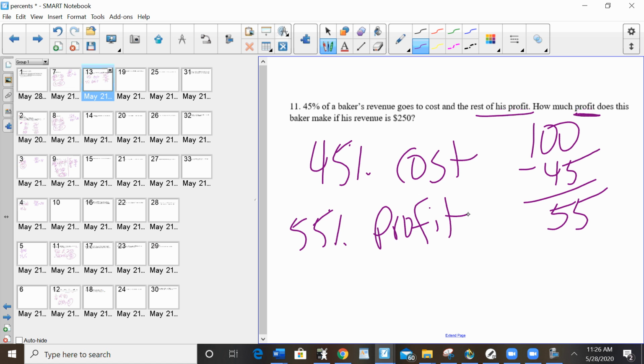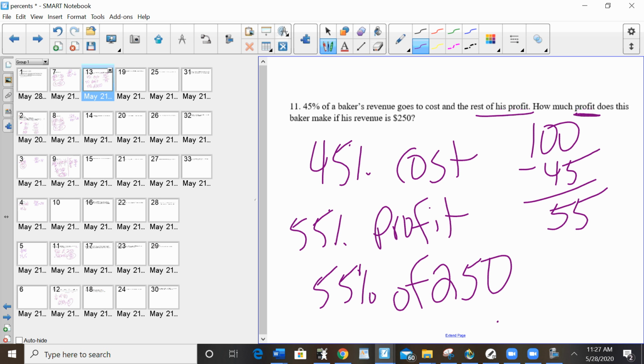The probability of something not happening, you would have to subtract from 100. The probability of something happening and the probability of something not happening has to add to 100. So if 45% is cost and it says the rest is profit, then 55% is profit. So 55% of his revenue is going to be profit.